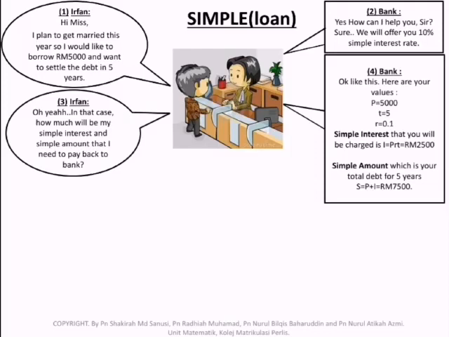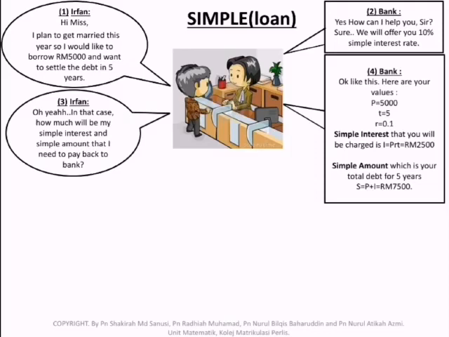For your simple amount, which is your total debt for 5 years, will be S equals to P plus I. So, the simple amount, your total debt will be 7,500 ringgit.